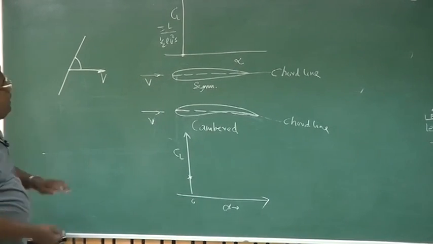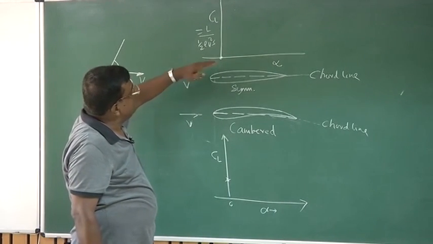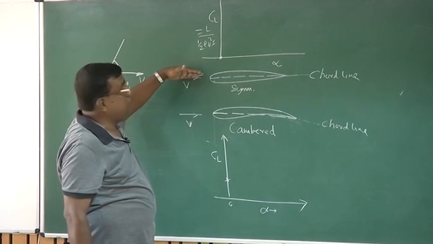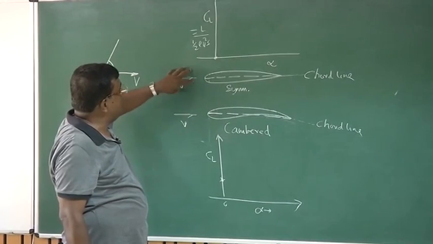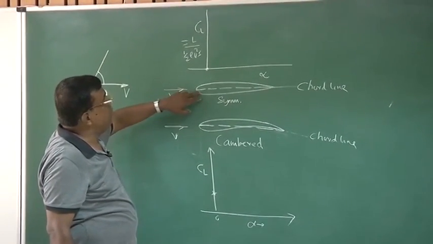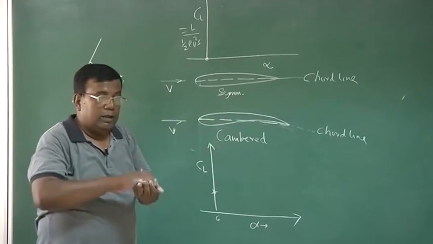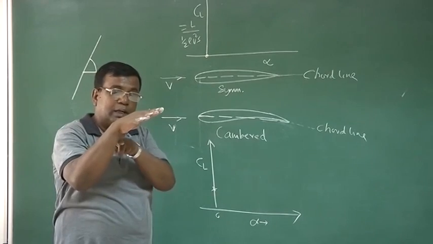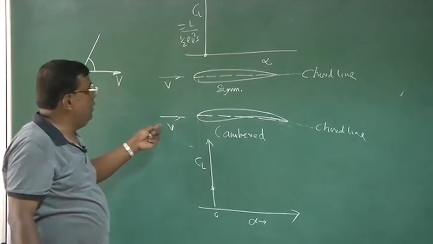I repeat: there is no angle between the chord line and the velocity vector, so at alpha equal to 0 it will produce 0 lift. But here, because of the camber, some surface is making an angle with the velocity vector. So even at alpha equal to 0, it will produce lift.